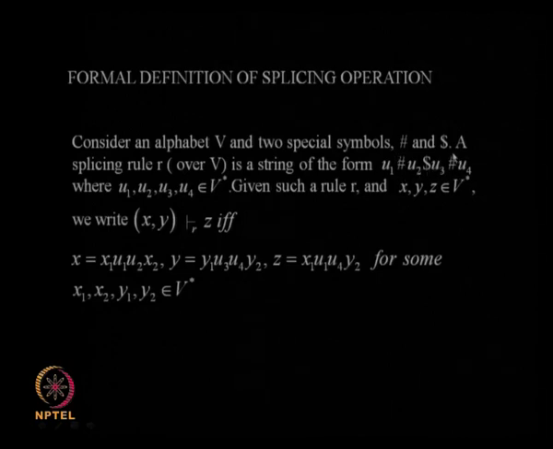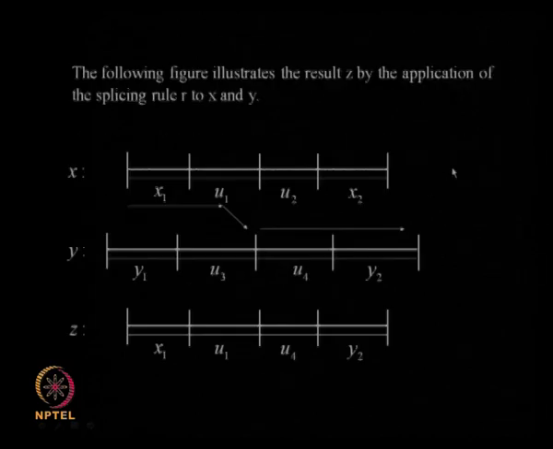In the second string the cut can be made between u3 and u4. So, the cut is made here and here, and the first portion x1 u1 combines with the second portion u4 y2 to give the string x1 u1 u4 y2. You could also have this portion combining with this.